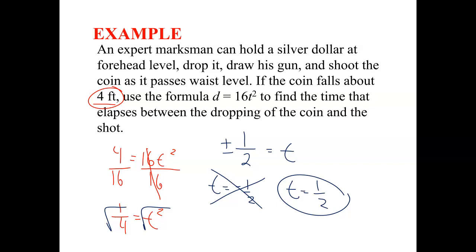All right. Again, apart from when you got T equals plus or minus. So remember, this is two answers: a positive 1/2 and a negative 1/2. So I just wrote them separately, and then we're finding the time that it took for the coin to fall. Can't have negative time.